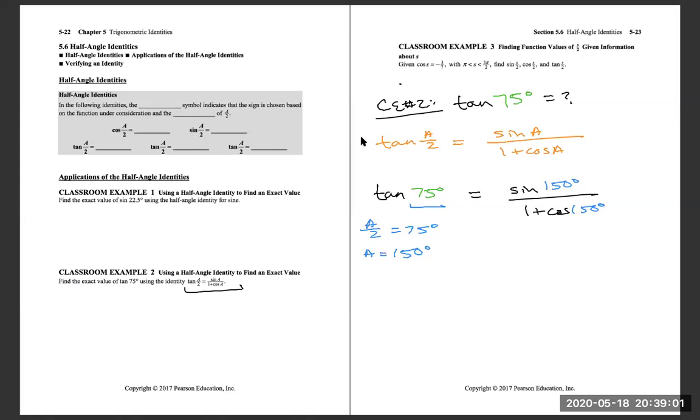Note it might help you to draw this out. 150 degrees is right around here. Reference angle 30 degrees. So sine of 150 degrees is going to be equal to 1/2, and cosine 150 degrees is equal to negative root 3 over 2.